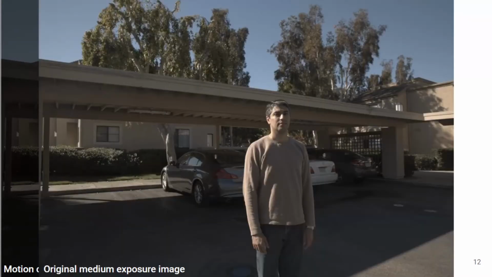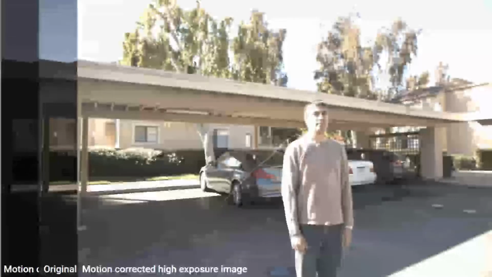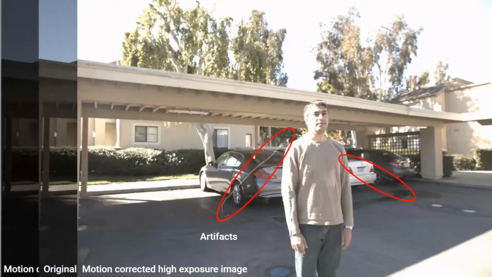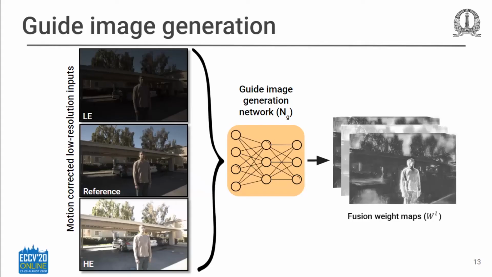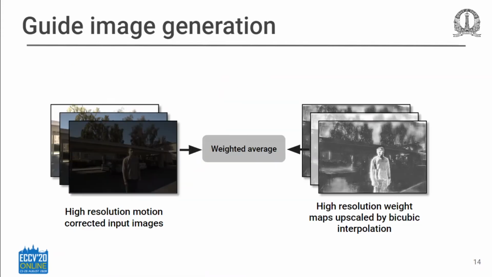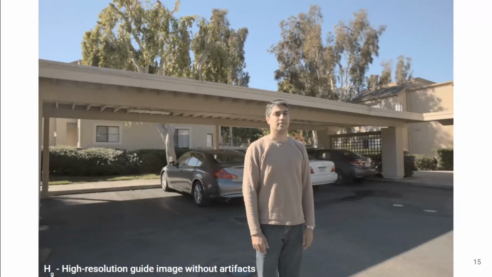Naively fusing high-resolution motion compensated images using classical fusion methods like the triangle function may have artifacts in the guide image. Hence, we correct such artifacts using a trainable CNN NG. With low-resolution motion-corrected images as input, NG generates 3 weight maps, one for each of the 3 input images. The weighted sum of upscaled weight maps and high-resolution motion-compensated images results in a high-resolution guide image.